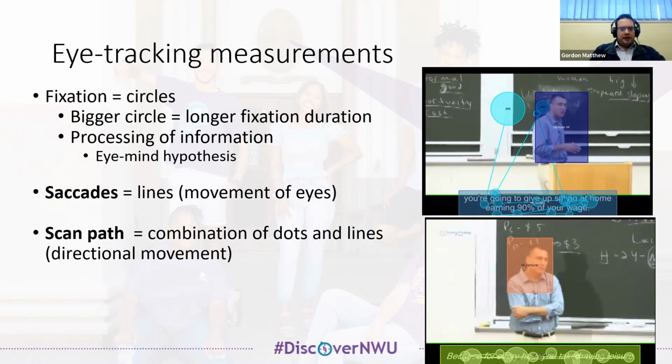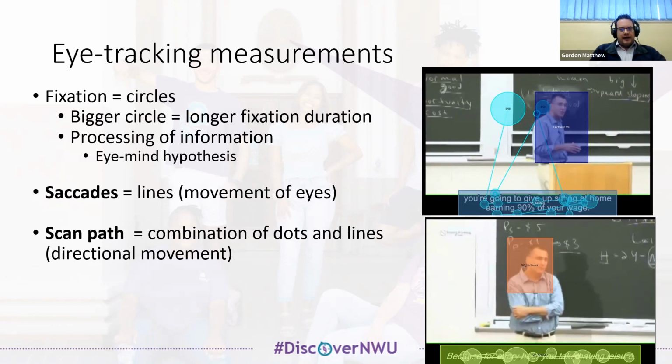To just give an overview, eye tracking is measured in two ways. The first is fixations, which in these screen captures are the circles. The bigger the circle, the longer the fixation duration, so the longer attention or time they spend on a specific area.